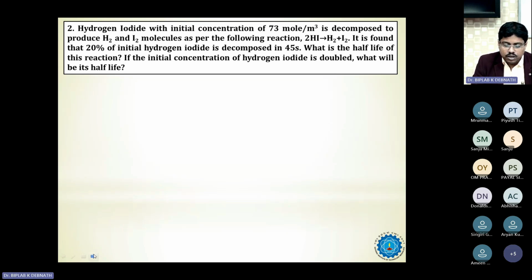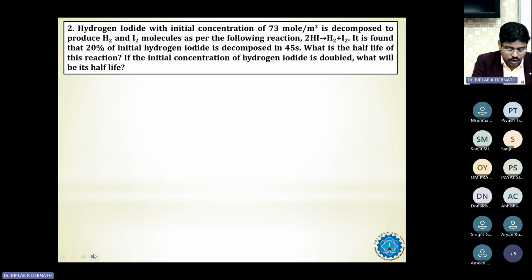As per the following reaction, 2HI breaks down to H2 plus I2. It is found that 20% of initial hydrogen iodide is decomposed in 45 seconds. What is the half-life of this reaction? If the initial concentration of hydrogen iodide is doubled, what will be its half-life?